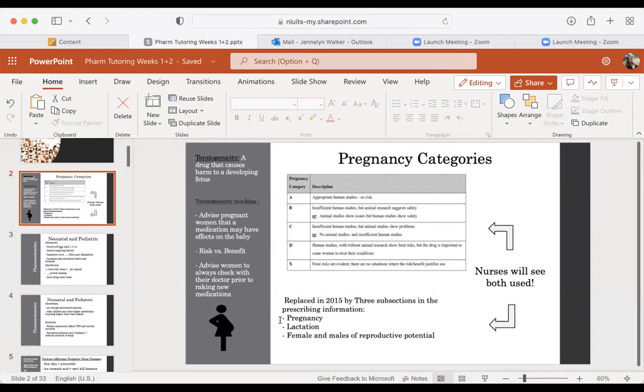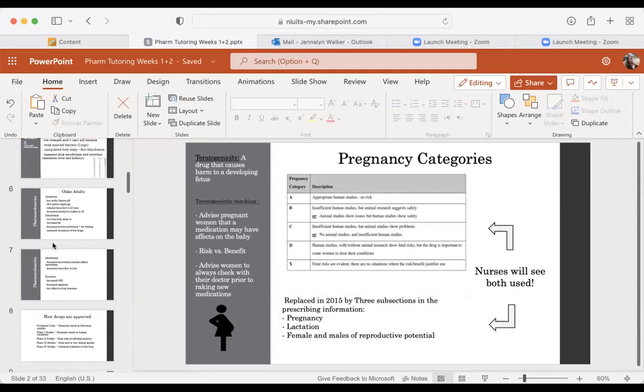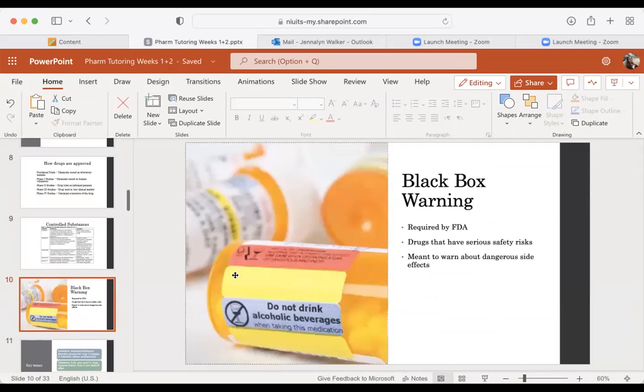So they'll say you cannot use it if you're pregnant, you cannot use it if you are breastfeeding, or that the medication could cause potential reproductive issues for females or males. That goes right back to the black box. There will sometimes be a sticker that says do not use this medication if you're breastfeeding, or if you are pregnant or trying to get pregnant.